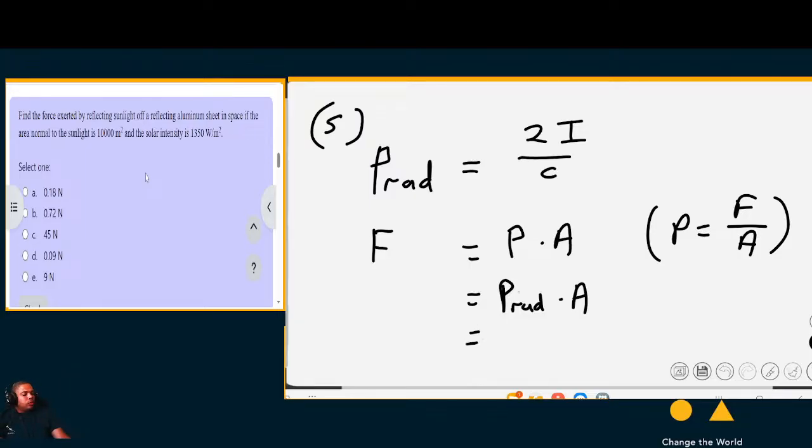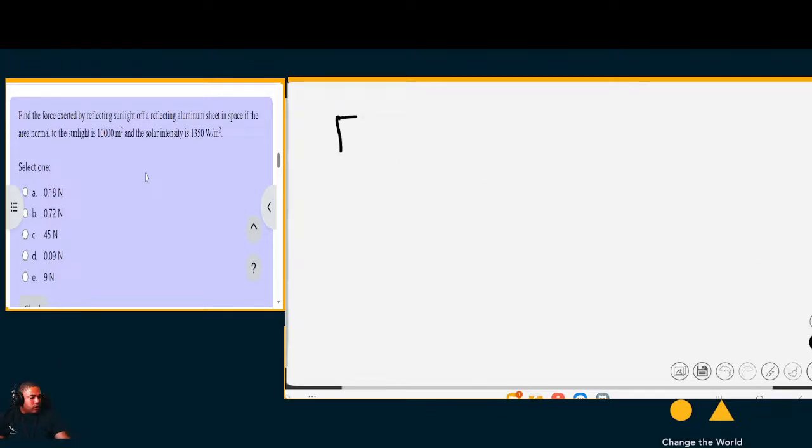The radiation pressure we've already said is 2I over c, 2 times the intensity divided by the speed of light, times the area. If I rewrite this in the next line, force is equal to 2 times the intensity times the area divided by the speed of light.